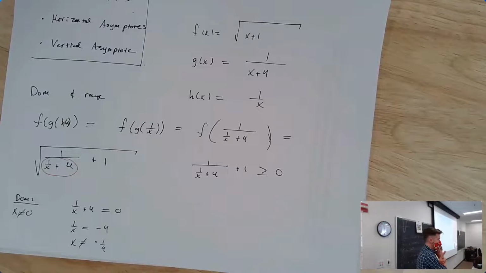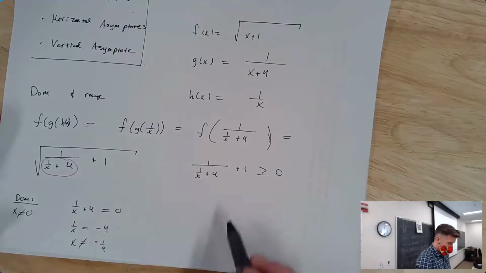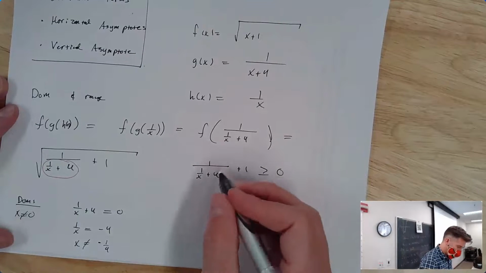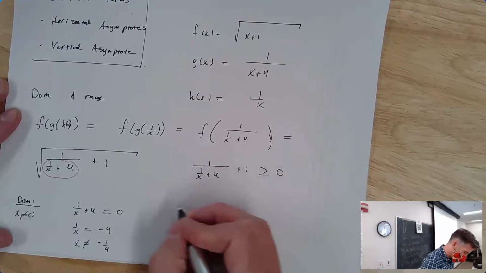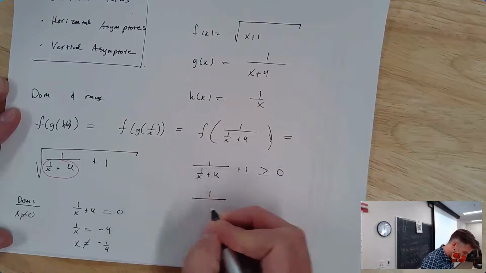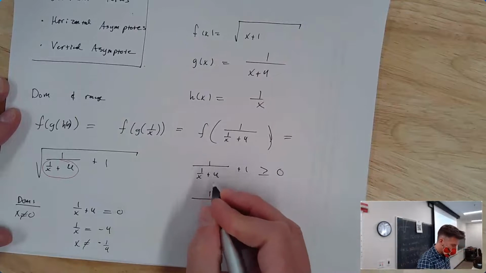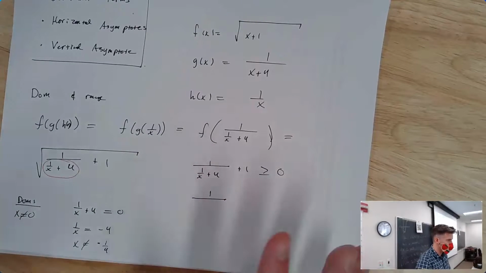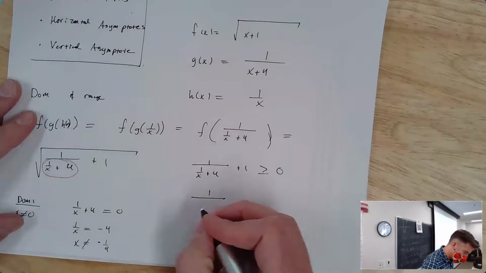I don't want to have to worry about that. So I'm going to do my best to avoid multiplying or dividing anything by x, which is kind of terrible, but that's all right. So I'm going to do a common denominator here. I'm going to have 1 over x plus 4x over x. It is okay to multiply 4 by x over x. That's not multiplying the whole side by x.